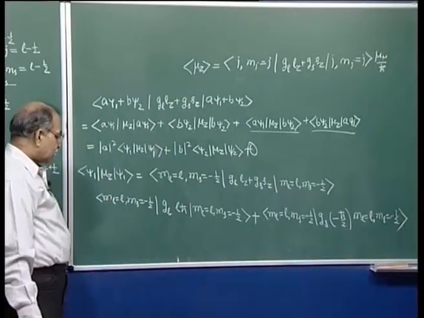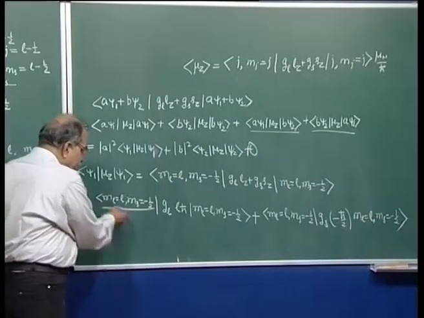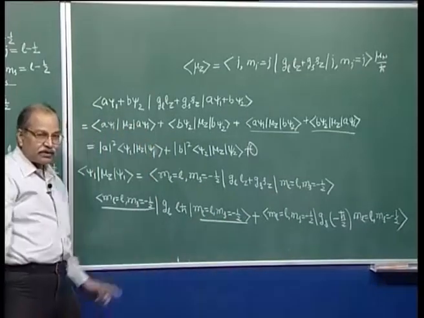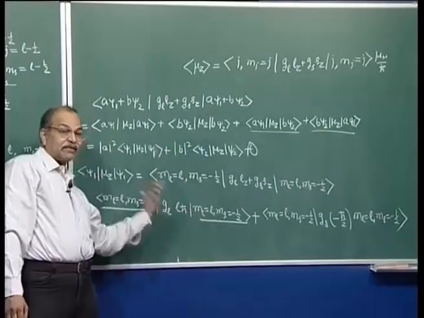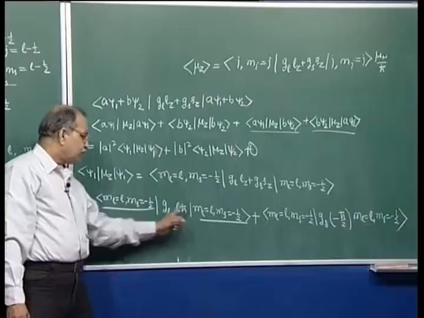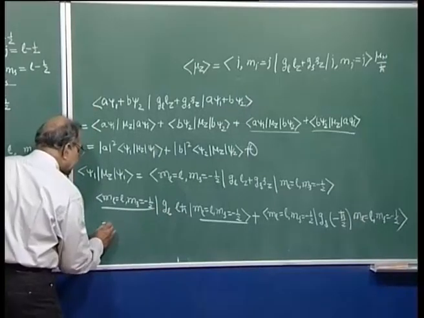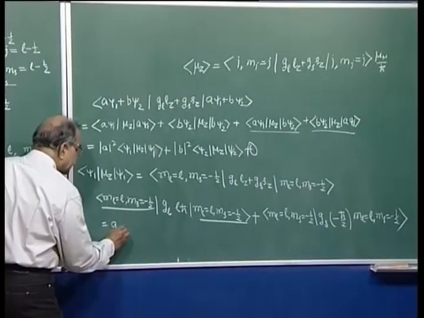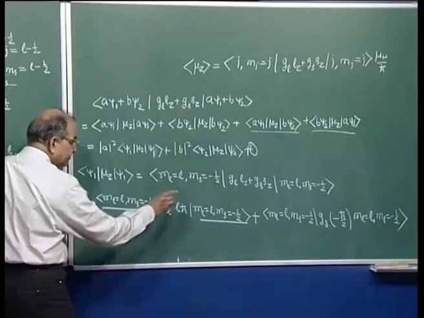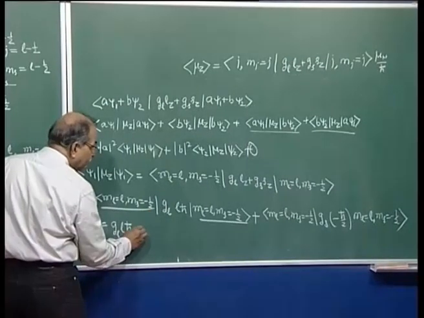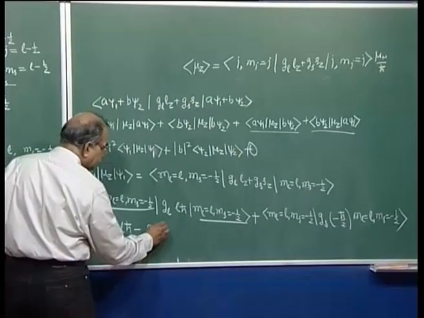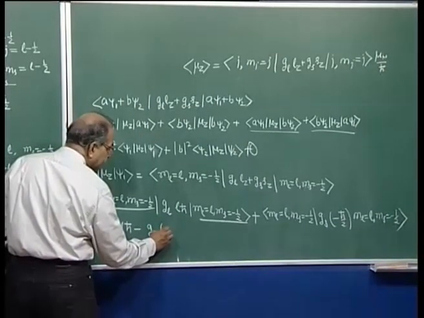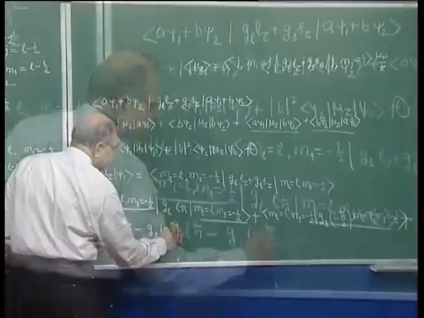Now, this wave function and this wave function are same. When you operate, you get the same wave function multiplied by the corresponding eigenvalue. So, that will be 1. So, it is just GL times L h cross, and similarly minus GS times h cross by 2. Check minus signs.